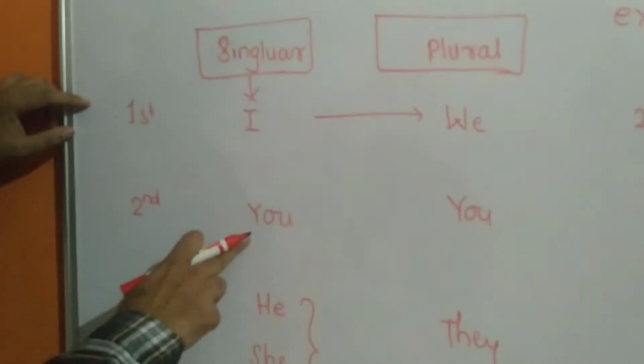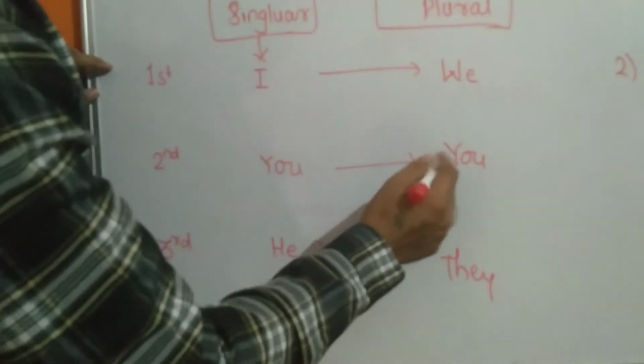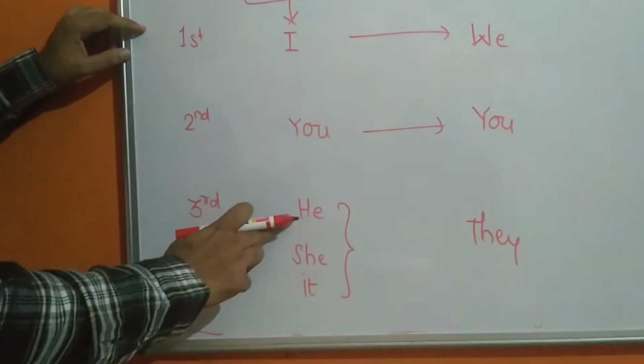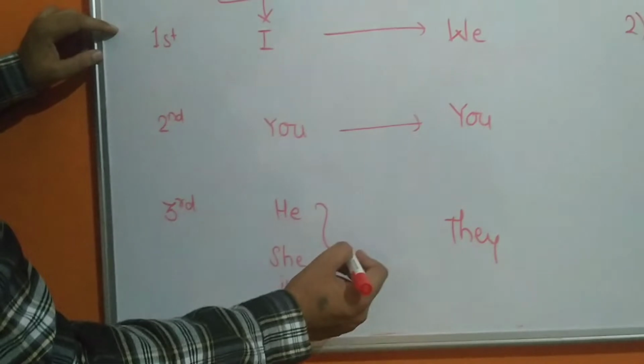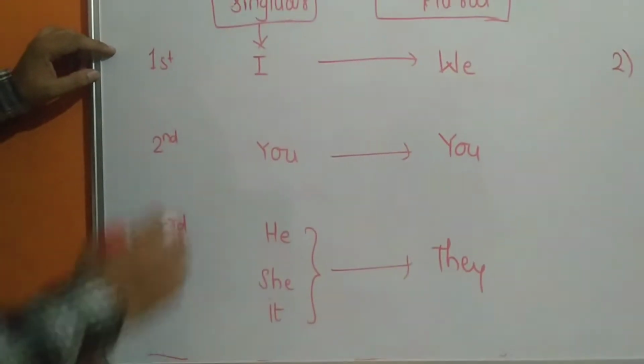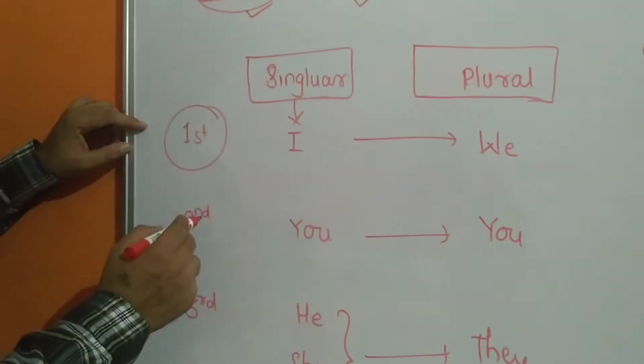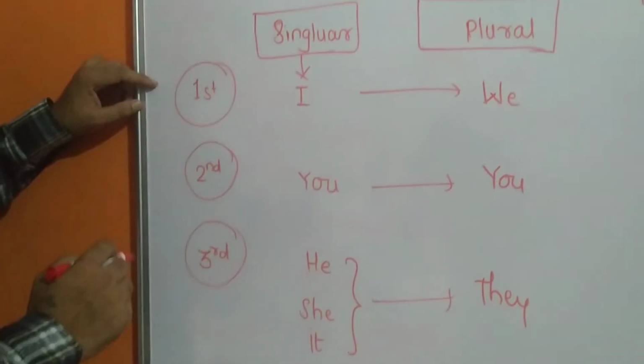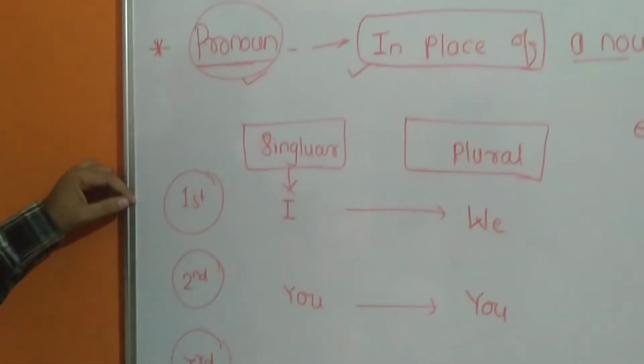In second person, you. In plural form we can also say you. In singular he, she, it. The plural form is they. So there is the first person, second person and third person. Now let's see the examples of pronoun.